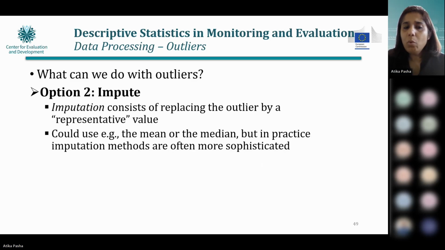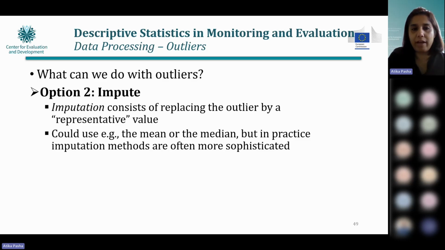But what is imputation? Imputation is where you take the 6,000 and exchange it with another value. And how do you compute this value? It's basically taking another representative value. Often, with about 10 individuals or more, you take the mean or the median value that you observe.